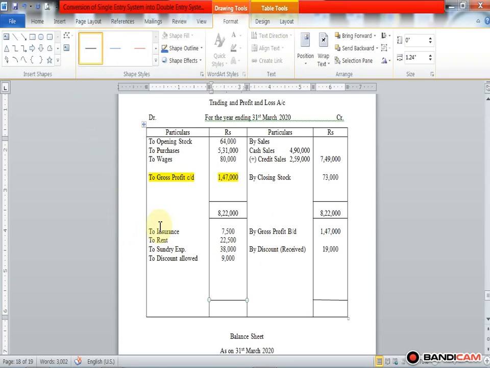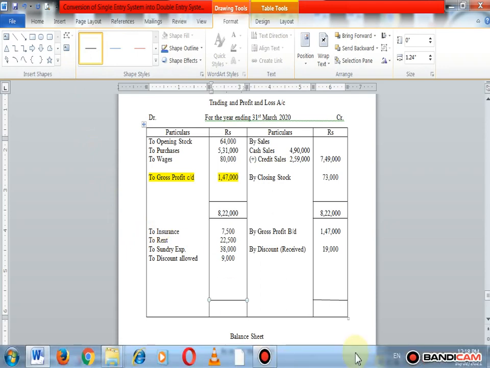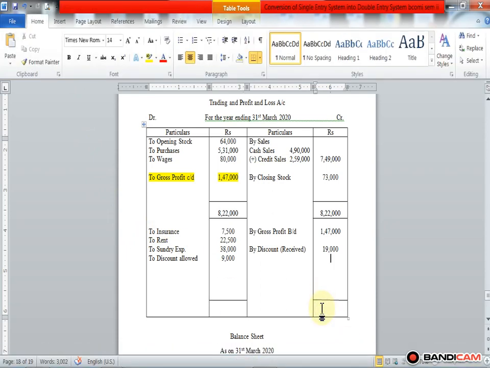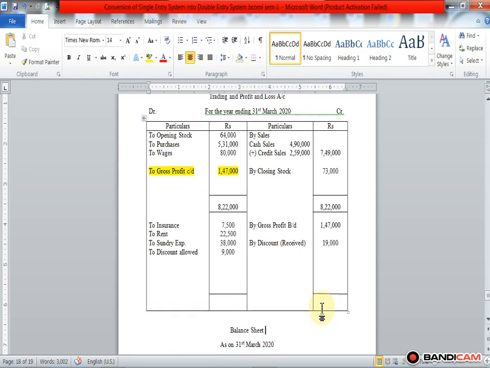Find out the net profit. Sorry, in the profit and loss account we earn a net profit. So the total is 1,66,000. Put this total on the debit side, 1,66,000, and the difference is 89,000.